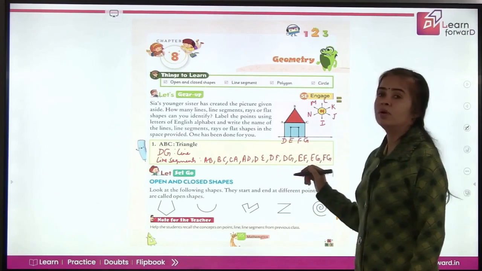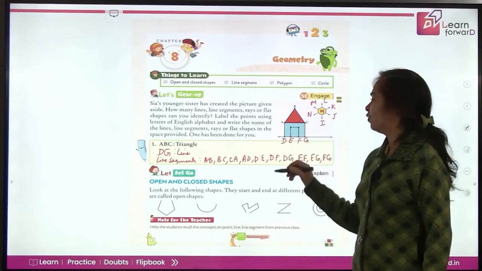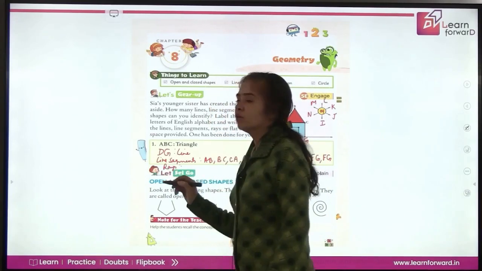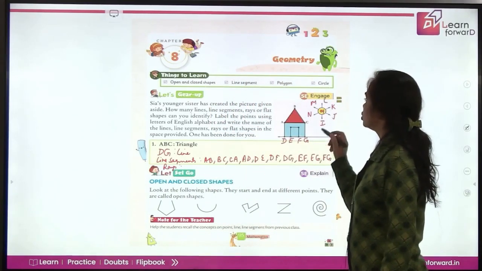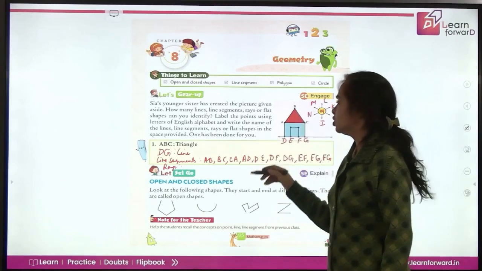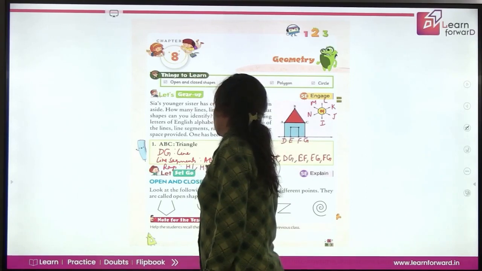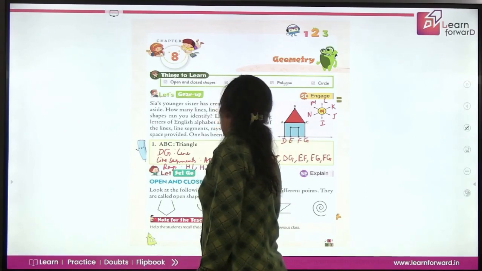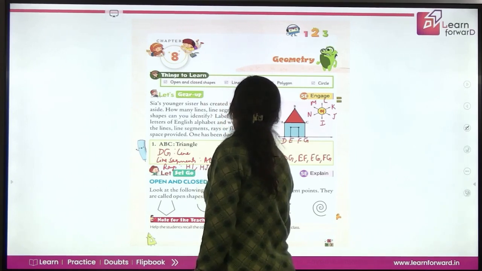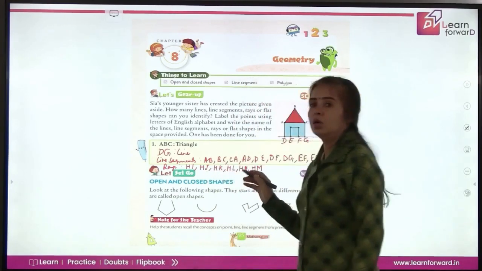When you talk about rays, what are the rays here? Rays are coming out from the sun. So the starting point of your rays is the center of the circle. I have written here H. So HI, HJ, HK, HL, HM, HN. All these are your rays.